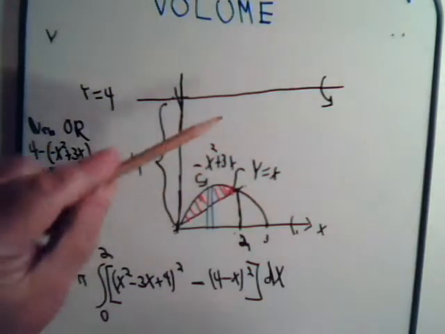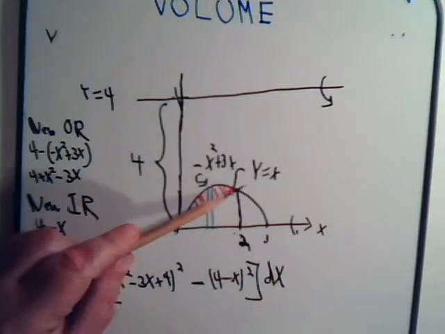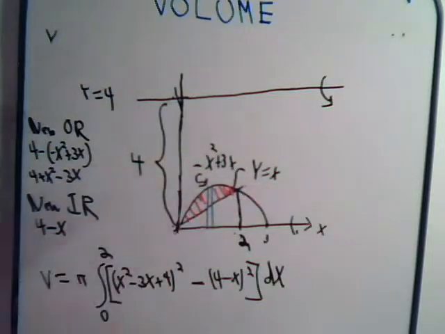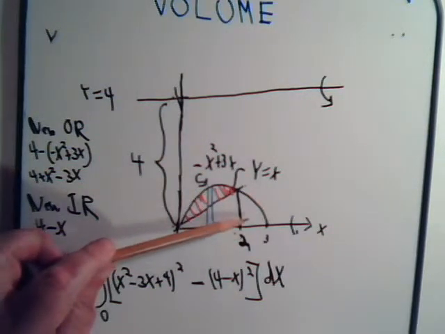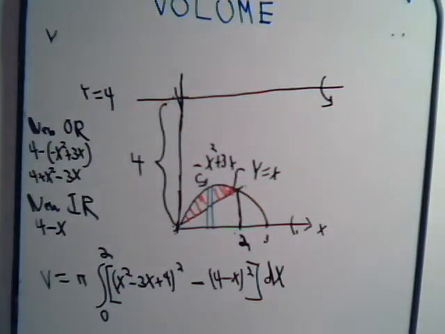Our new inner radius is this distance minus the distance of this line right here. And that vertical distance of the line is just x. So that's just 4 minus x for our new inner radius, giving us our new volume integral. And now then what we're doing is rotating this about that horizontal line.